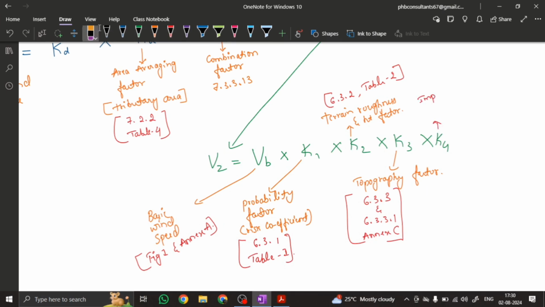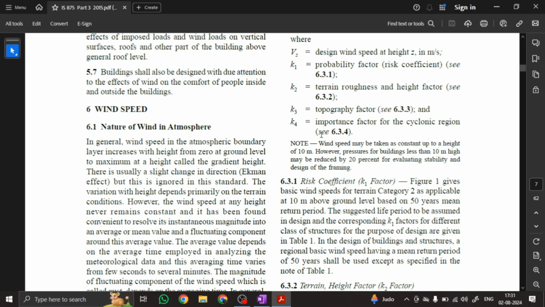What does the code say about how to take this K4?